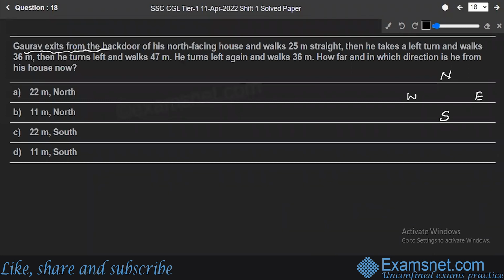See, Gaurav exits from the back door of his north-facing house. That means he starts to walk from the, what is the opposite side of the north-facing house? It's south, right? So that means from where he's starting he's starting to walk from the south side. Let's make the diagram.